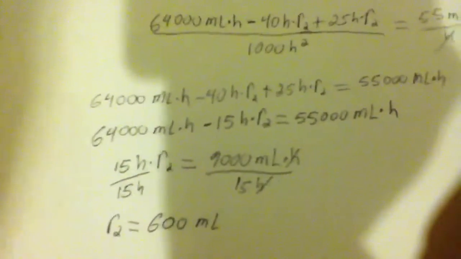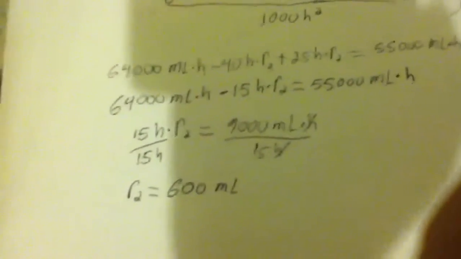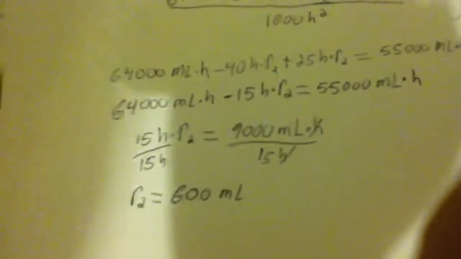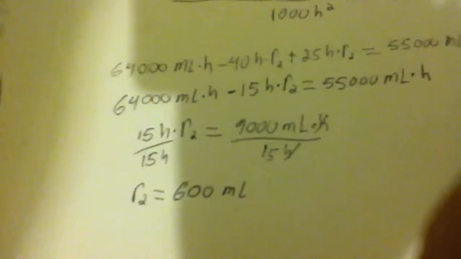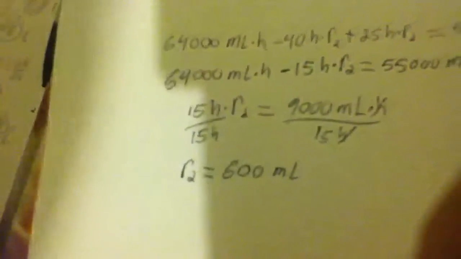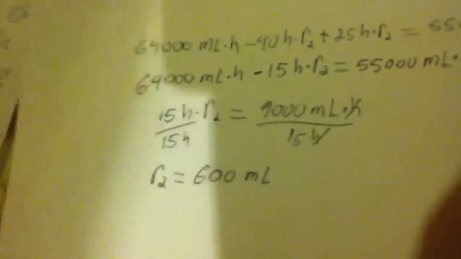Now we know we can plug that back into the other equation, and the units also help you to think about your answer, about your work, and to see if it makes sense. Because if you didn't get milliliters, if you got R2 is equal to 600h or h squared, that doesn't make sense.